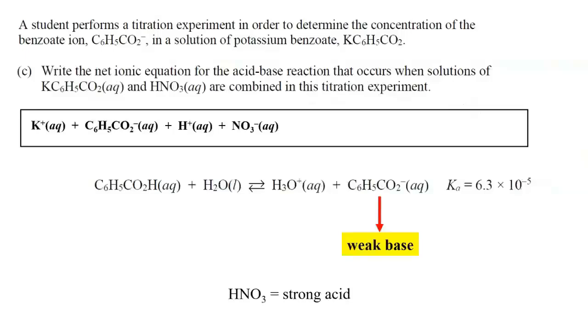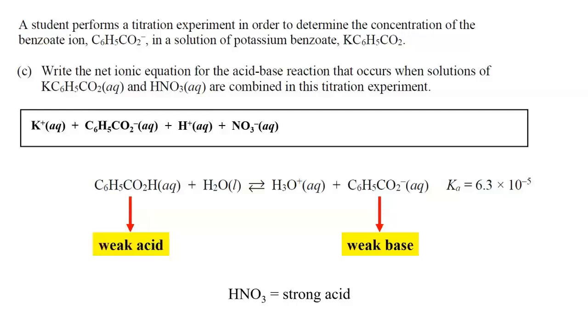So now you can see for the reactants, we have the weak base, the benzoate ion, reacting with H+ from the strong acid. So when those ions come together, they will form benzoic acid, which is classified as a weak acid, so we're not going to split up benzoic acid.